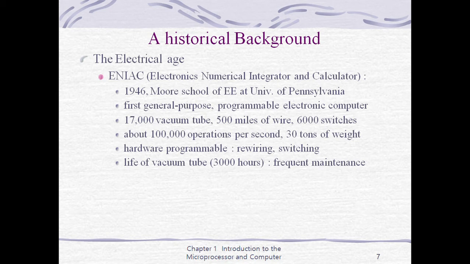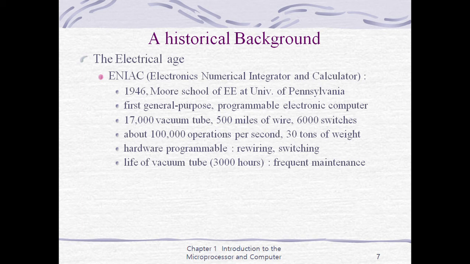The main problem with this computer was that it was hardware programmable. It needed rewiring and switching for a programmer to make it fit for a different program to execute. The programmer would rewire or change switches inside the computer to make it operational for a different purpose.